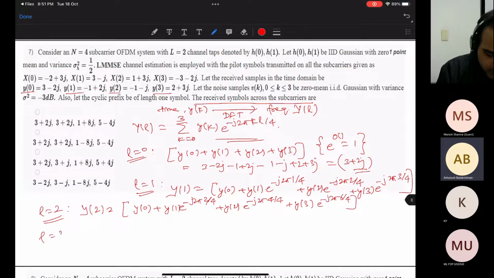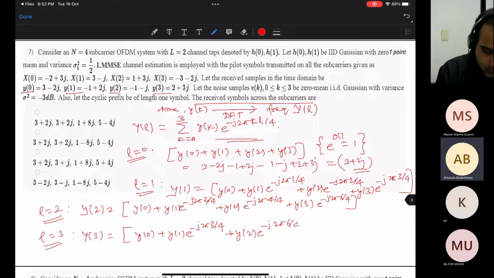And finally, for L is 3, we have Y of 3, which is y0 plus y1 e to the power minus j 2 pi 3 by 4 plus y2 e to the power minus j 2 pi 6 by 4 plus y3 e to the power minus j 2 pi 9 by 4, right? So this is what we have.